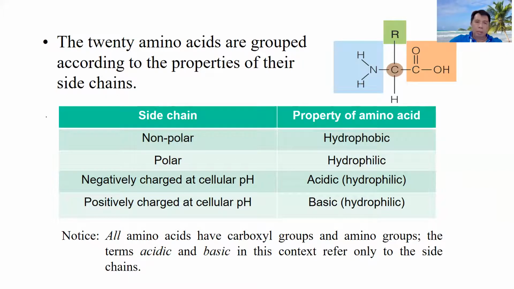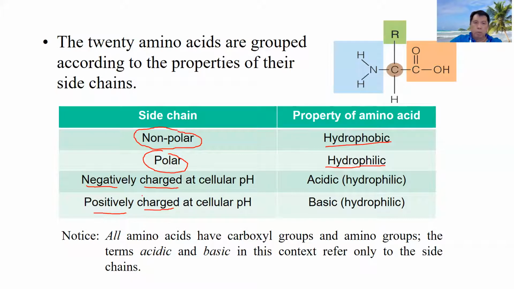The first one is non-polar. If the side chain is non-polar, the amino acid is hydrophobic. If the side chain has a polar group, the amino acid is hydrophilic. If they are charged, they can be either negatively charged or positively charged.